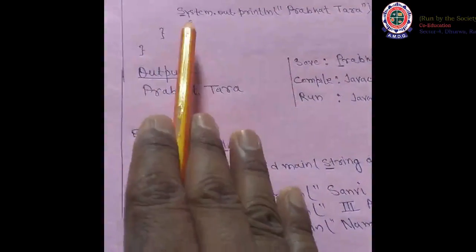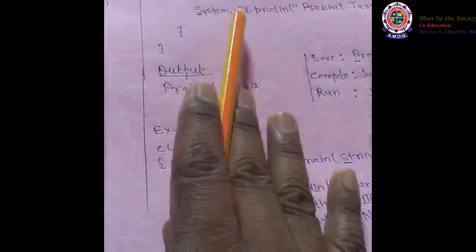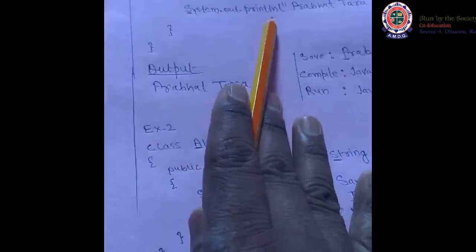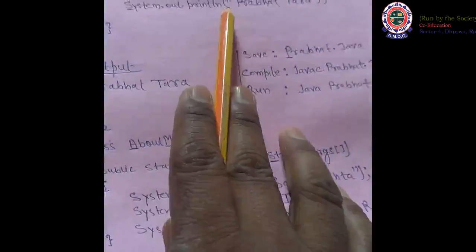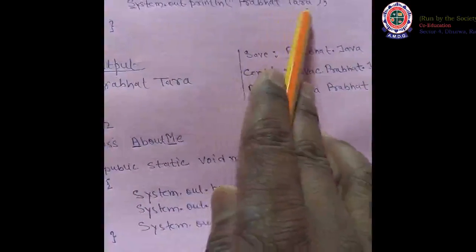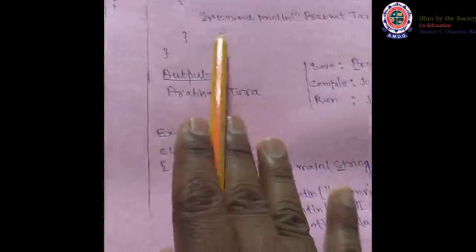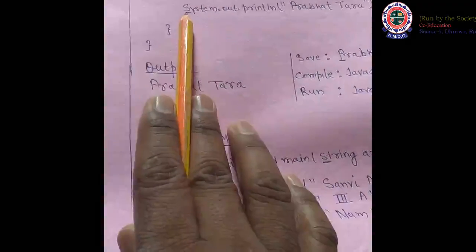Now in place of cout, we are writing System.out.println. Same thing we write here: prabhat tara. So S will be capital here. Now close this bracket, close this bracket.